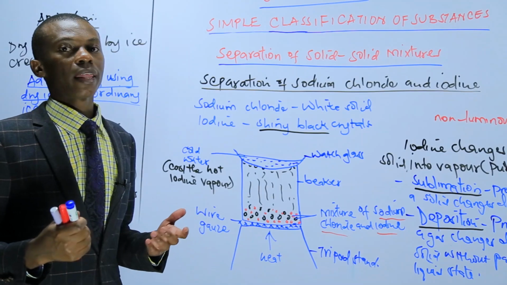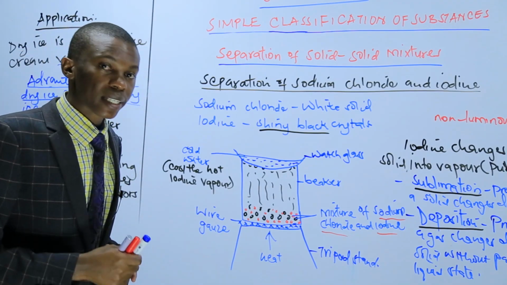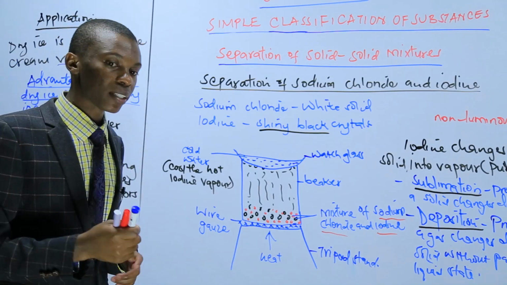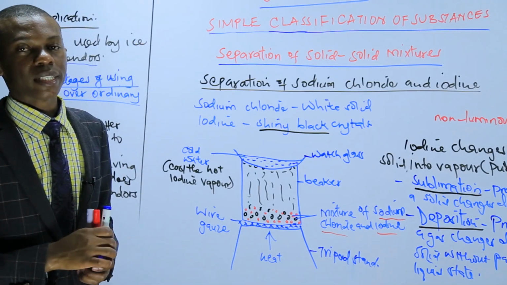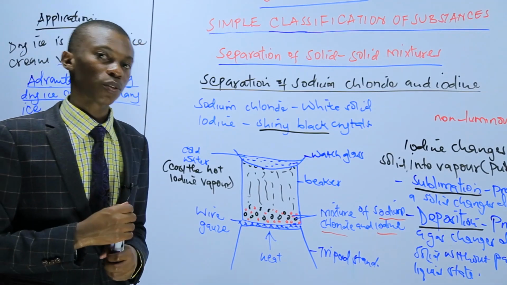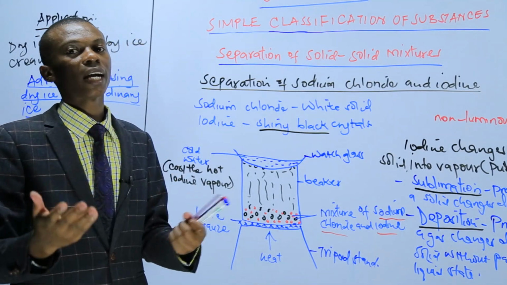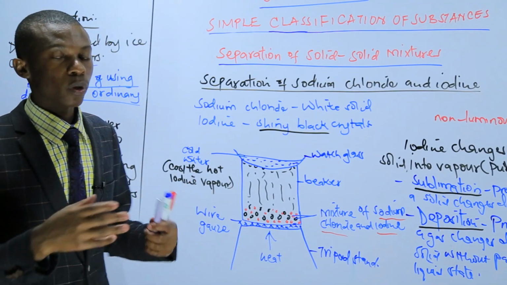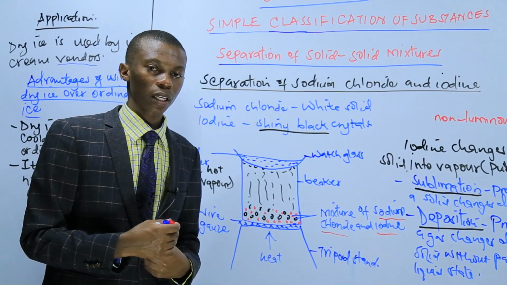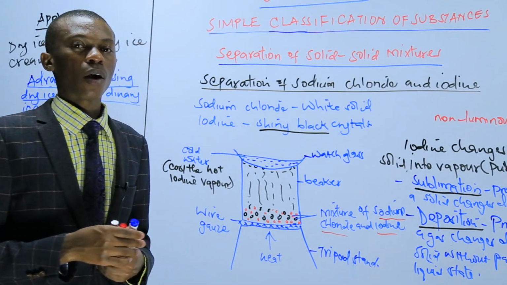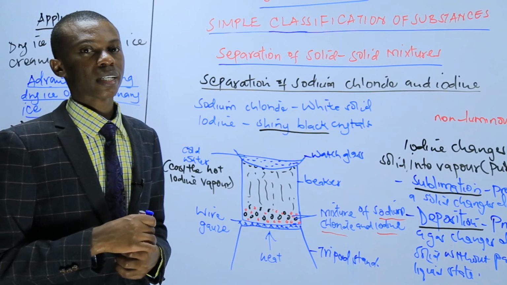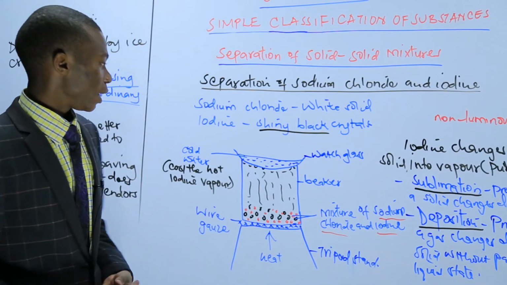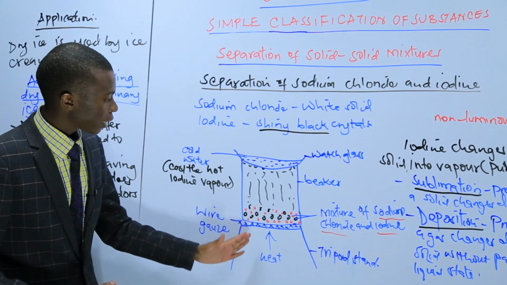I told you that sodium chloride is a white solid, while iodine is a shiny black solid, or like shiny black crystals. When you mix them together, you'll have a white-gray solid.